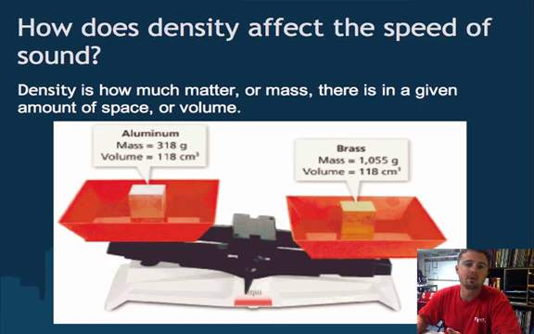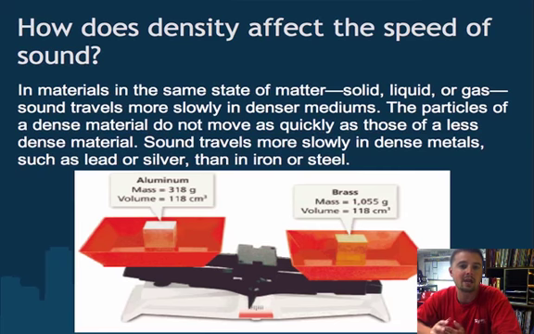When we're taking a look at the speed of sound, we can look at materials in the same state of matter, whether it's solid, liquid, or gas. Sound travels more slowly in the denser mediums. The particles of a dense material do not move as quickly as those of less dense material.